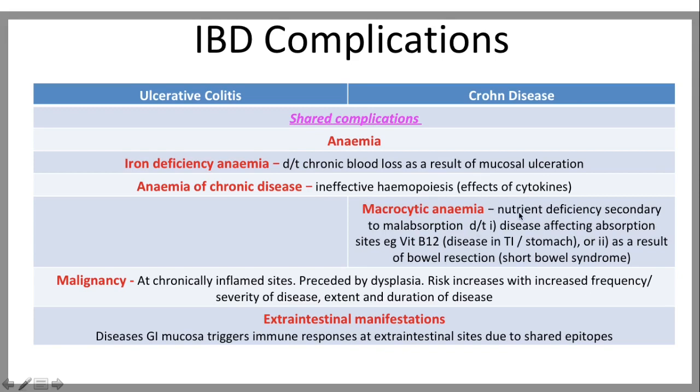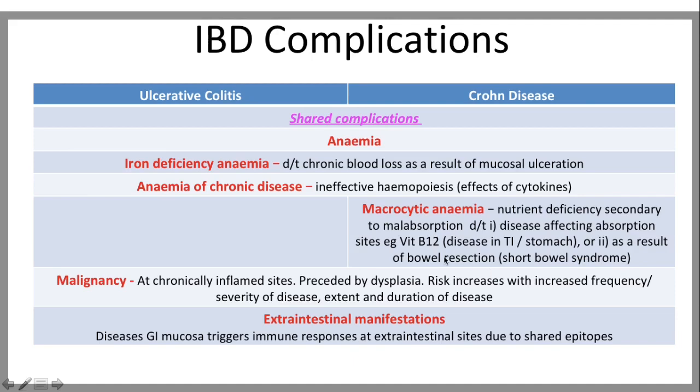Macrocytic anemia, on the other hand, is often a result of nutrient deficiency secondary to malabsorption. This can happen in cases where the inflammation affects the absorption site, such as vitamin B12 absorption if there is disease in the terminal ileum or the stomach, or it can also occur as a result of bowel resection.